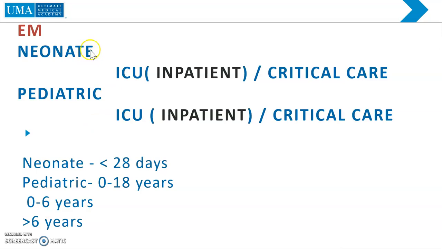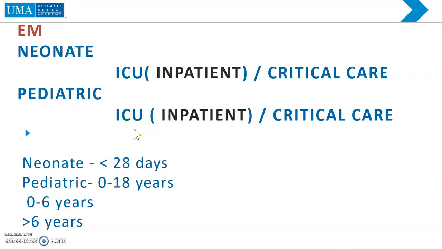When we say neonate ICU, remember the neonate can be treated in the ICU and it is considered to be inpatient, in hospital, admitted. When you say critical care, this is part of the emergency room. Right? So you have to know where exactly the patient is to be able to correctly abstract the coding for this patient. Pediatric is also the same.